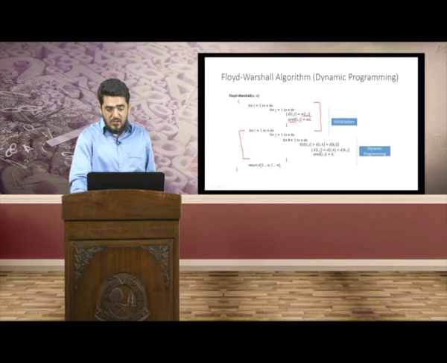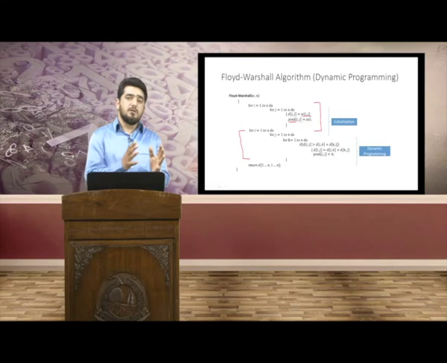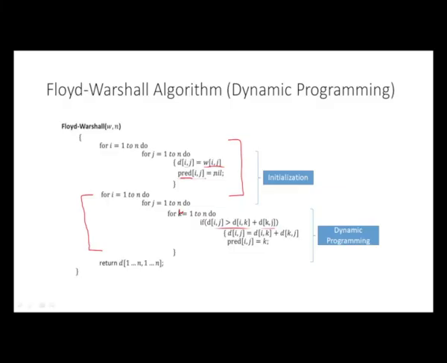This condition checks whether the current value of the shortest length between i and j is greater than the length through an intermediate vertex k. If that is greater, then we need to replace this value.